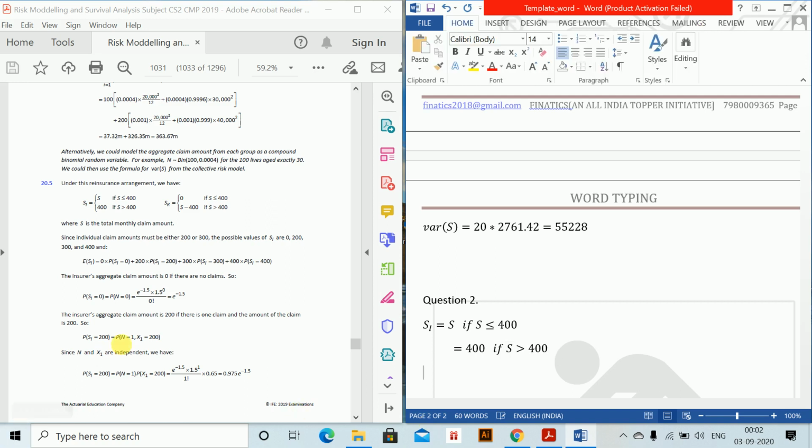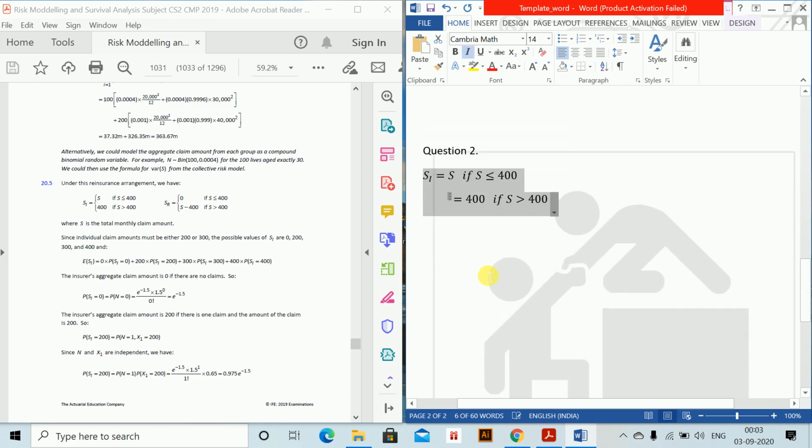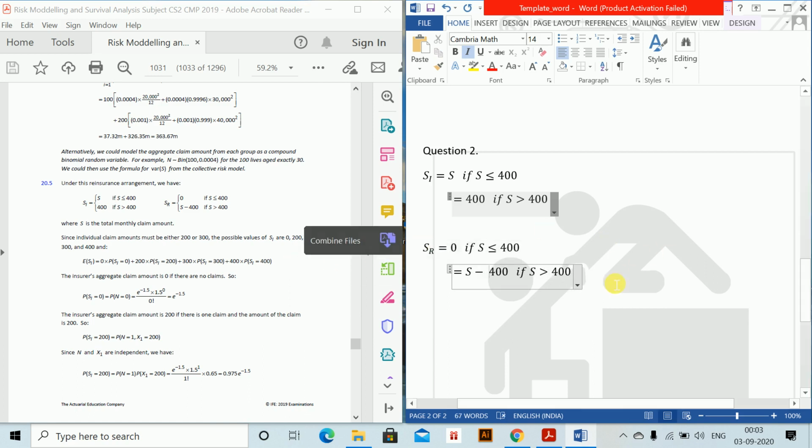Okay, and similarly for the reinsurer, it is S_R. This becomes 0 and this is S minus 400.